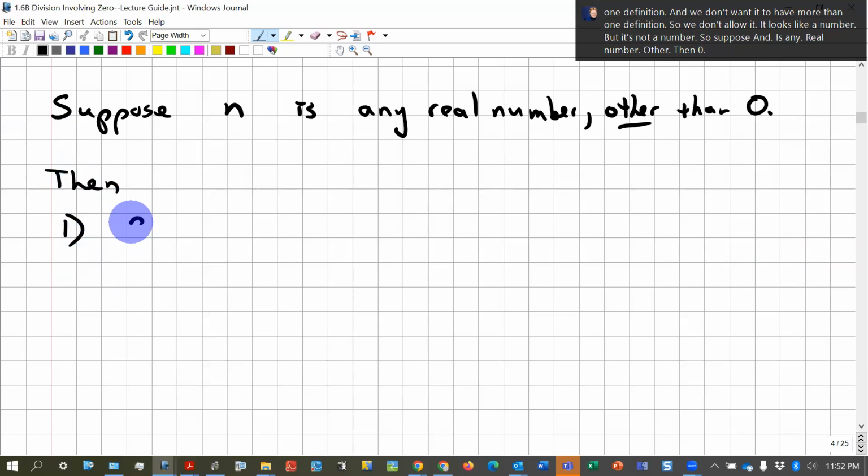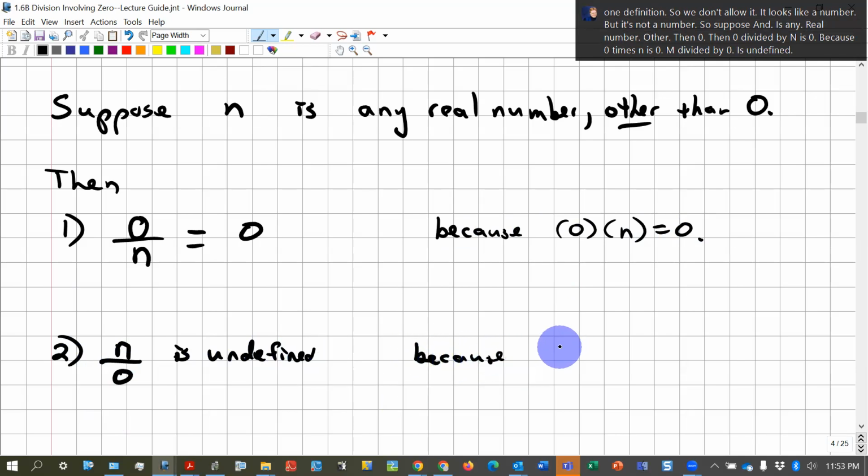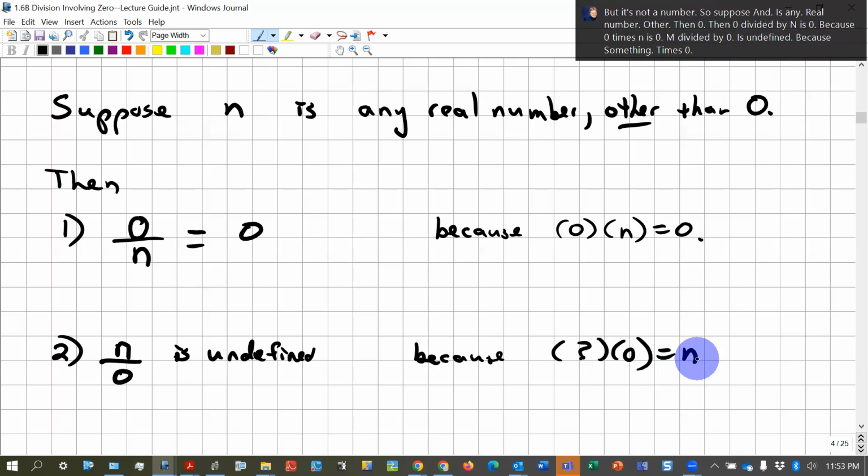Then 0 divided by n is 0, because 0 times n is 0. n divided by 0 is undefined, because something times 0 equals n is impossible.